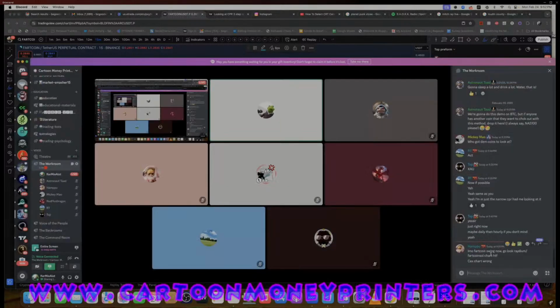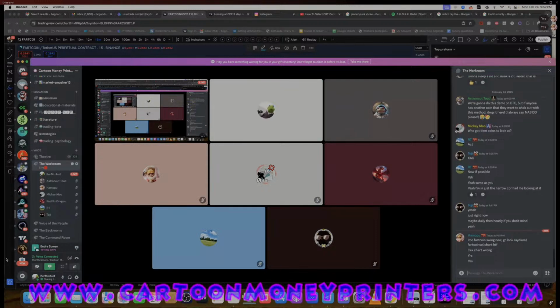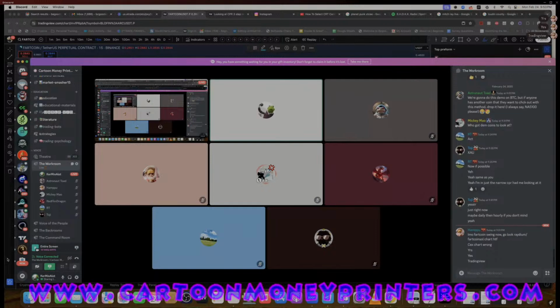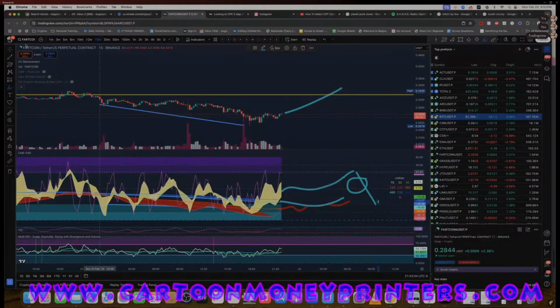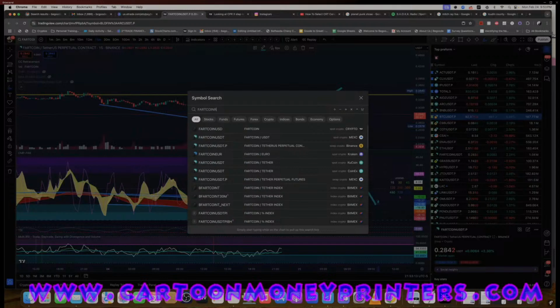Fartcoin swing now. All right, let me look at Radium. Is the chart wrong on what? On Fartcoin? Yeah, but I can't draw on Radium, and I don't have the PAR on it. If you want to, oh, okay. Fartcoin, and then Ray. Tell me the symbol to get there.